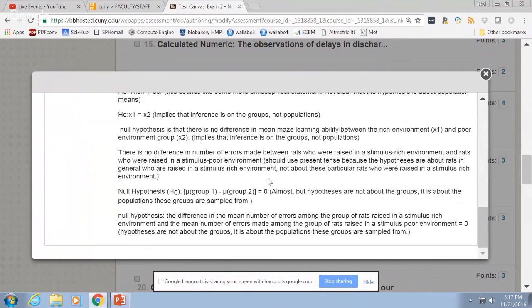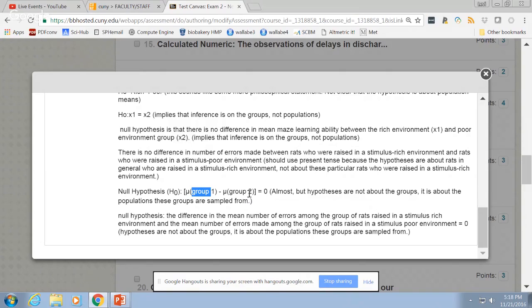So that one to me strikes me a little bit confusing, I guess. If it were just mu1 and mu2, where mu1 is the mean number of errors for rats raised in a stimulus-rich environment, and mu2 is the mean number of errors for rats raised in a stimulus-poor environment, then it would be fine.